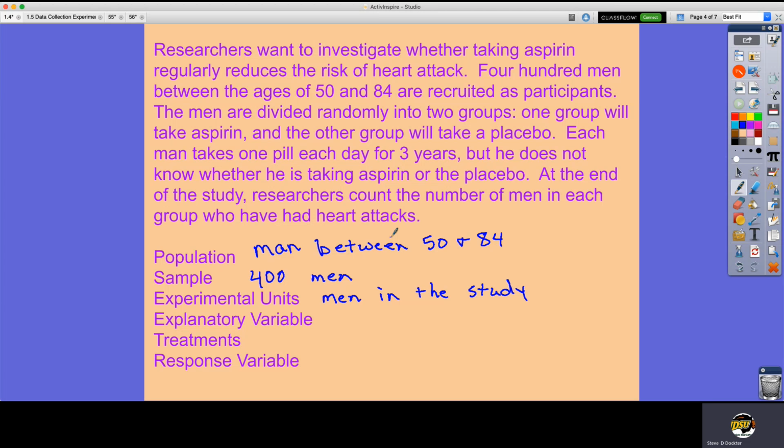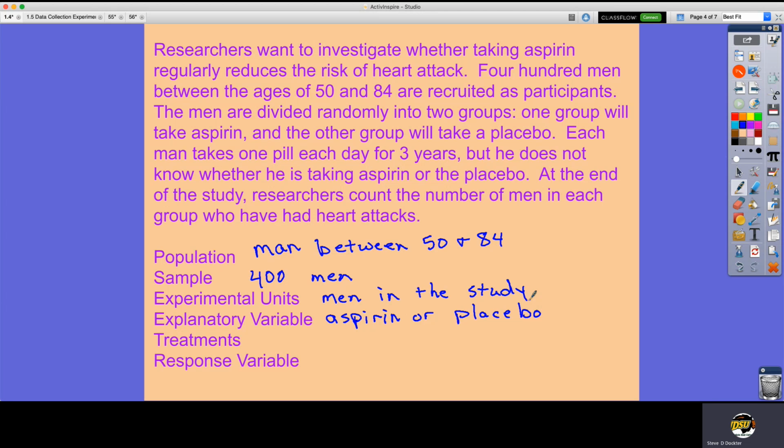The explanatory variable, what is changing in this study here? What is being given that's different between the two groups? The aspirin or the placebo, right? Placebo. What is the treatment? This one is the exact same thing.